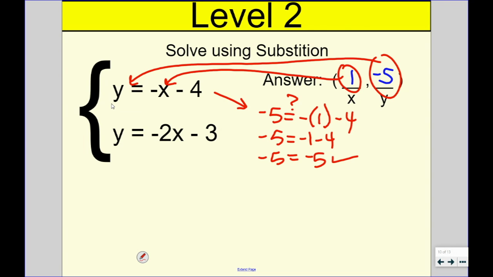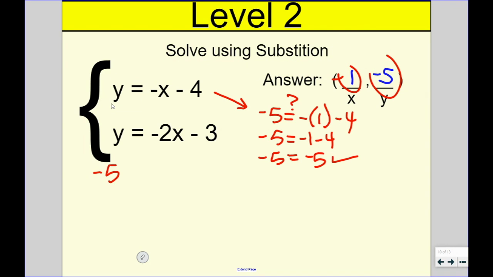In order for this to be a solution for this system of equations, these have to be true for this second equation as well. So we're going to put the -5 in for this y. Let me erase this at the top here, because now we're checking it with our -5.